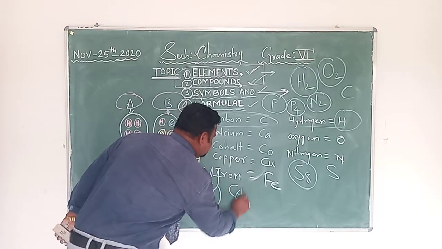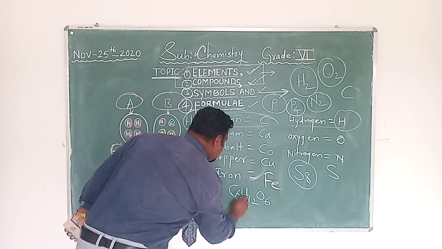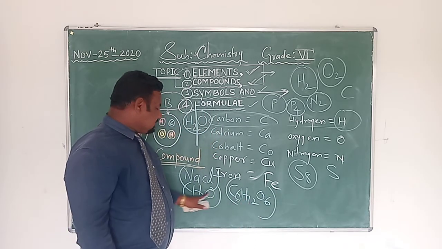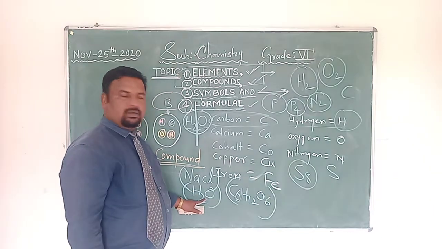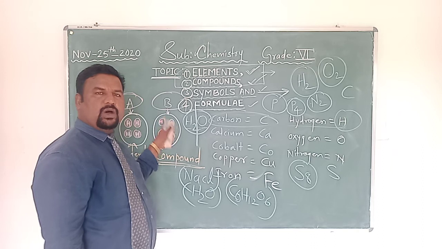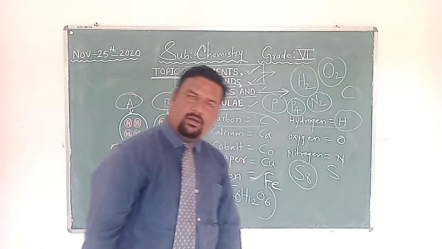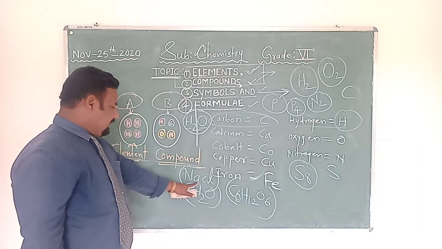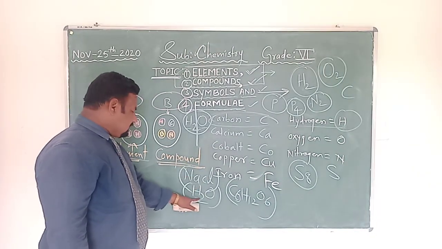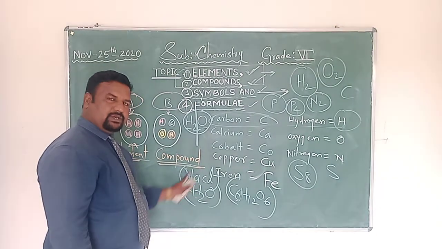Sugar, C6H12O6, they are compounds. Because see, a molecule of water is a compound. Why is it a compound? As I told you, a substance whose molecules are composed of 2 or more than 2 different atoms is called a compound. So here sodium atom is there, chlorine atom is there, so it is a compound. Here hydrogen atom, oxygen atom, so it is a compound.